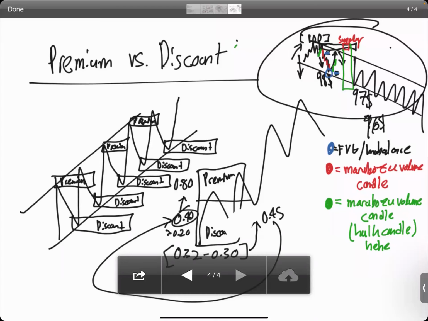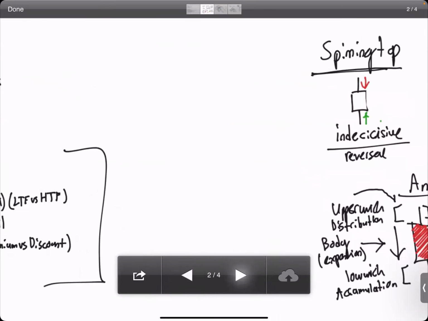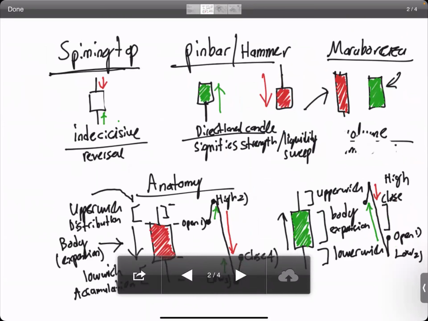If you look at the legend, you'll notice that the fair value gap or imbalance is going to be this blue circle right next to that stream of Marubozu candles. So I drew 3 Marubozu candles. The Marubozu candle in the top right-hand corner is a candlestick that leaves behind imbalances or inefficiencies after price taps into some extreme supply or extreme demand.